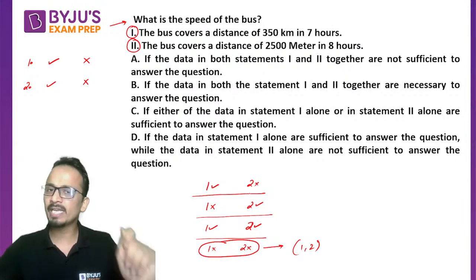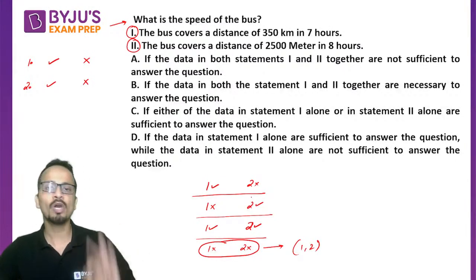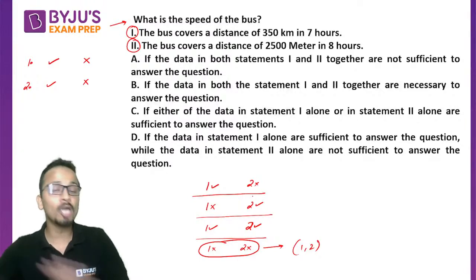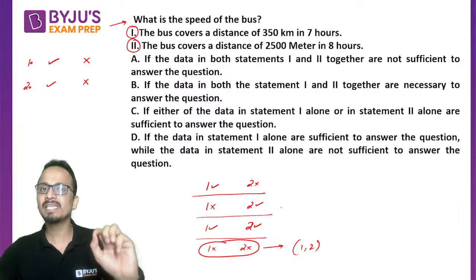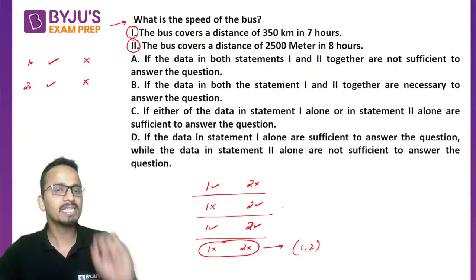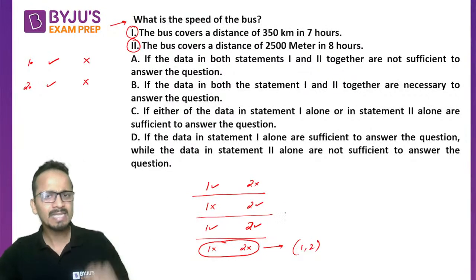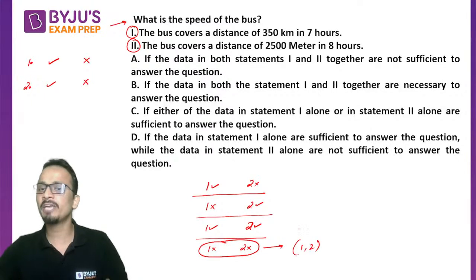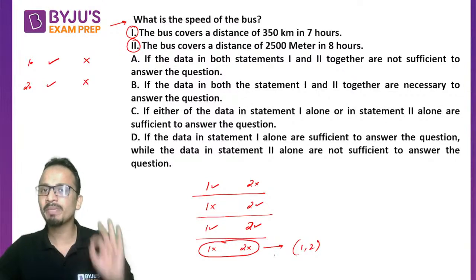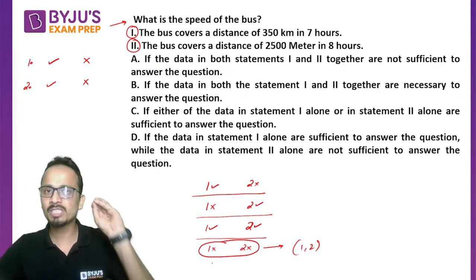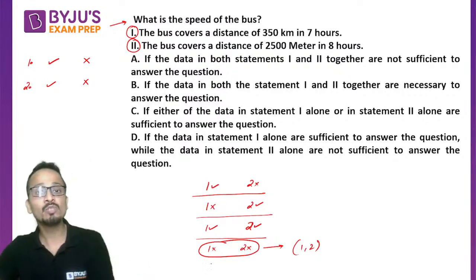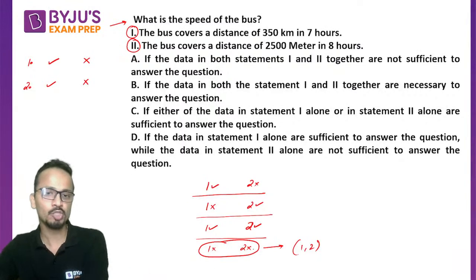In case we are getting an answer from at least one of these statements, we will not combine these two statements. अगर किसी भी एक statement को individually treat करने से answer आ जाता है, in that scenario हम दोनों statements को combine नहीं करेंगे. We will combine these two statements only if we are unable to get an answer from statement number 1 individually as well as from statement number 2 individually.